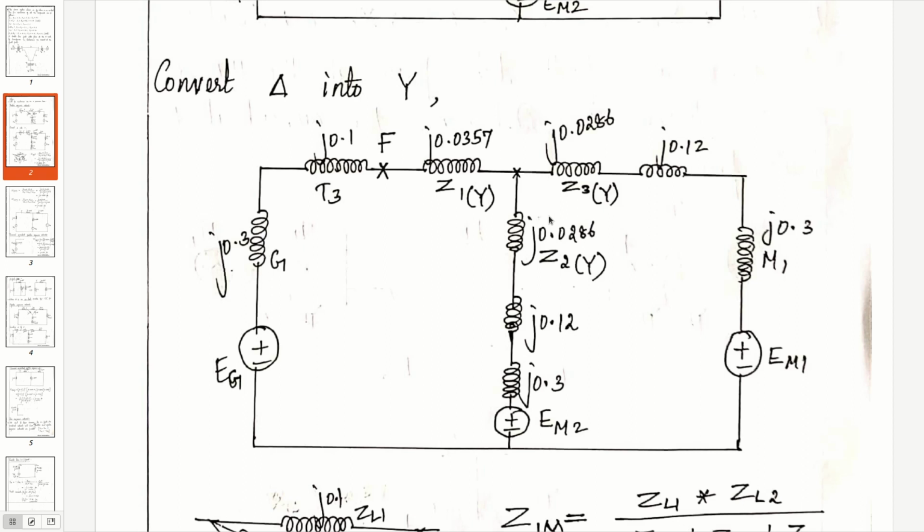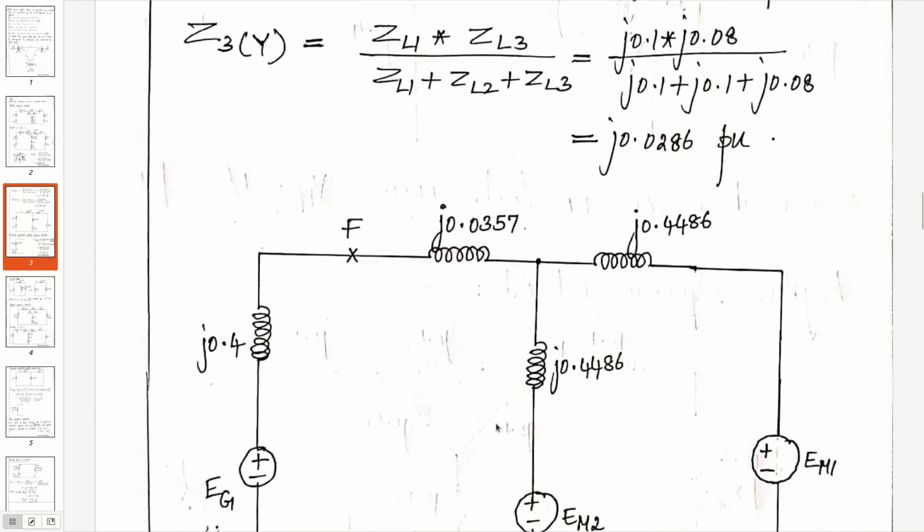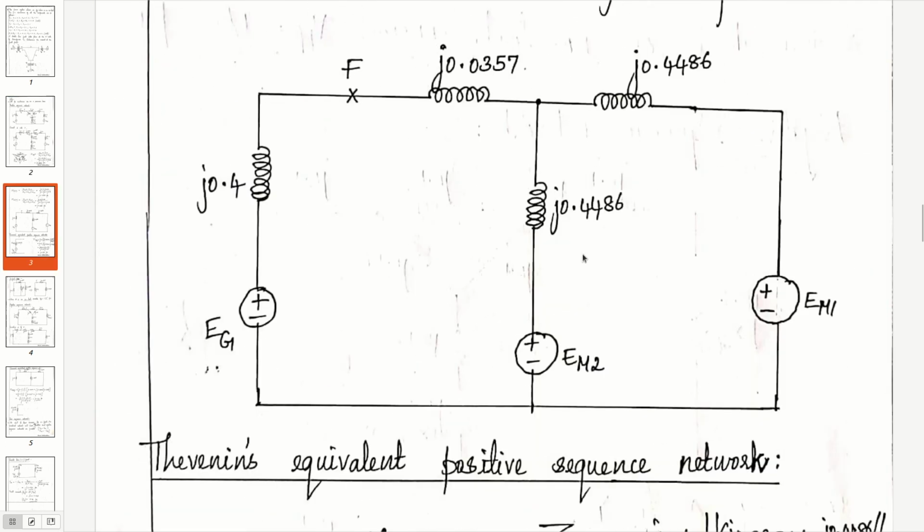Then for finding Z1 equivalent, we have to short all three voltage sources and redraw the circuit. As shown here, I have combined the series reactances into one. In this branch there were 3 reactances, I have combined them into one. Here also there were 3, combined into one, and here there were 2, combined into one.